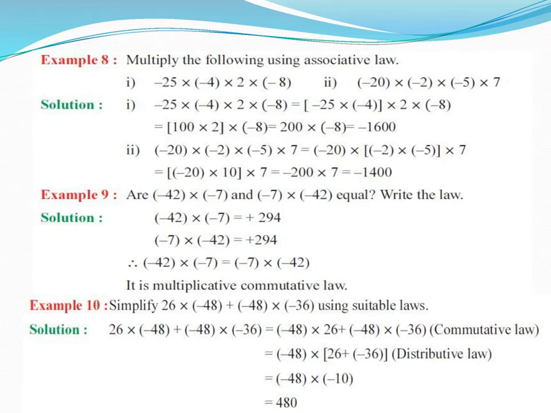Okay students, now we solve example 10. Simplify 26 into minus 48 plus minus 48 into minus 36 using a suitable law. What is the solution? First we can write minus 48 into 26, since a into b is equal to b into a, using the commutative law.